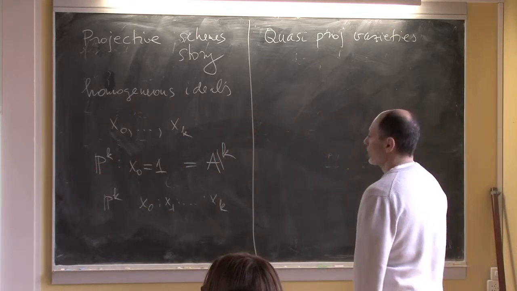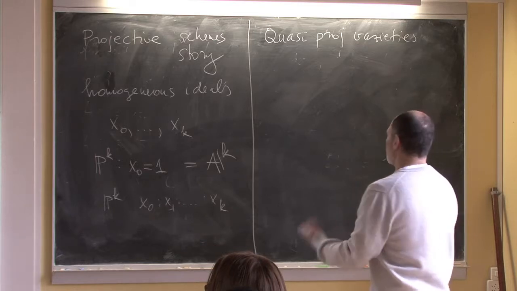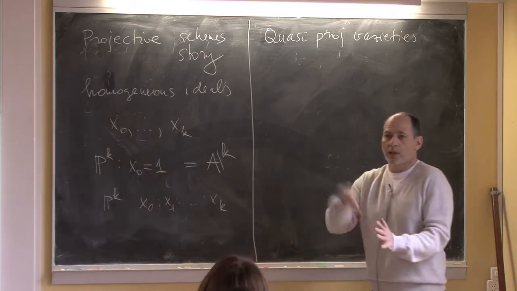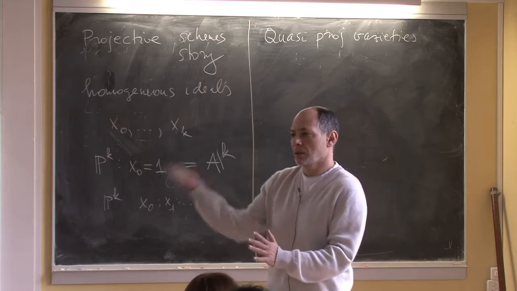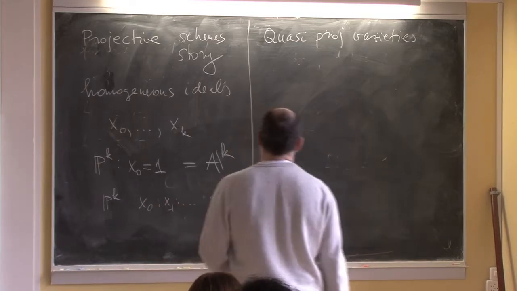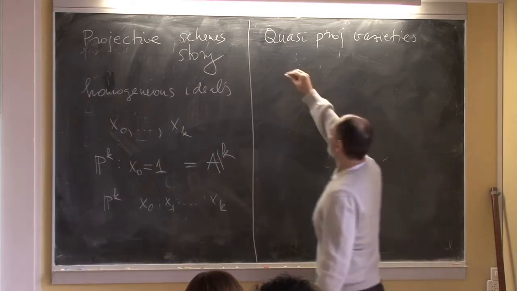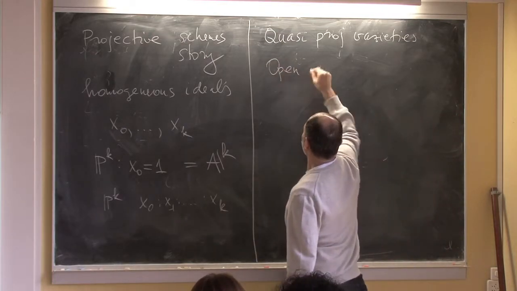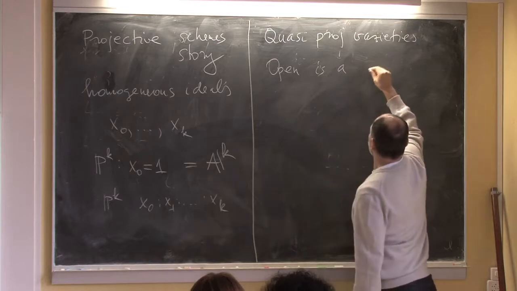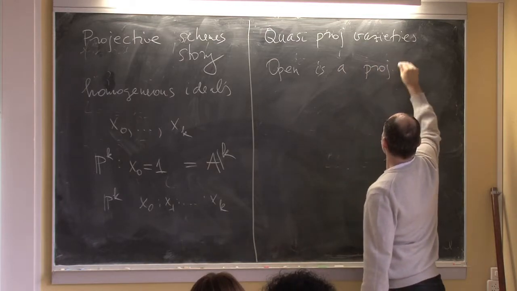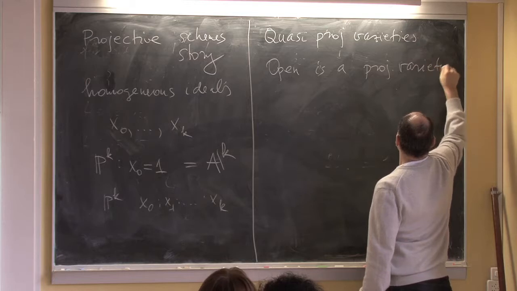But for quasi-projective varieties, you're allowed to throw away one thing. So it's an open subset, if you like, open in a projective variety or scheme.